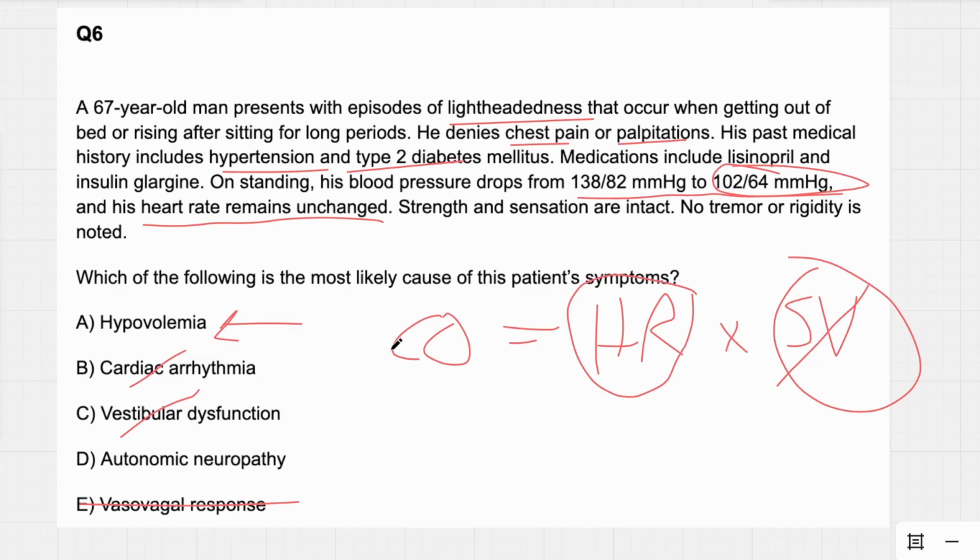That's the crazy part. Okay, remember I said medicine's not that hard? It is kind of hard sometimes. So you had to think about that. The autonomics are not kicking in because the heart rate did not increase. It should increase your heart rate, chronotropy, and inotropy, which is the stroke volume. But if we don't see this, then it's probably an autonomic problem. The answer is D.